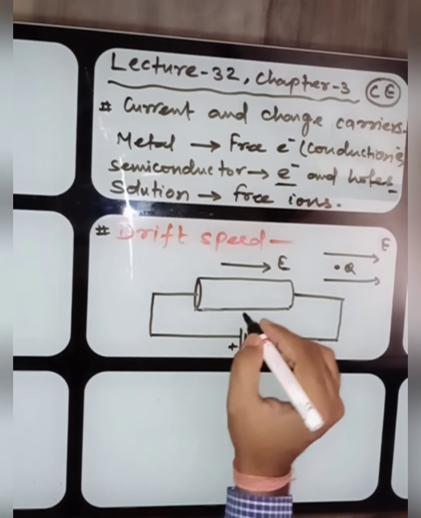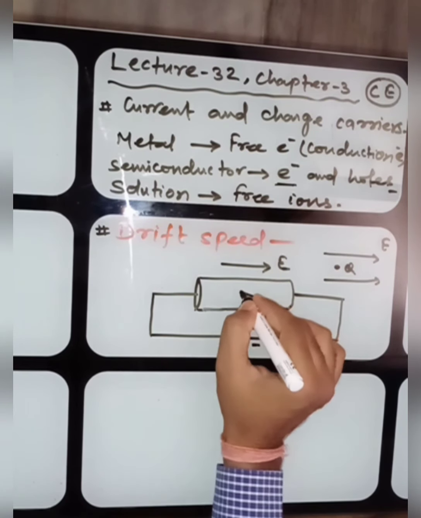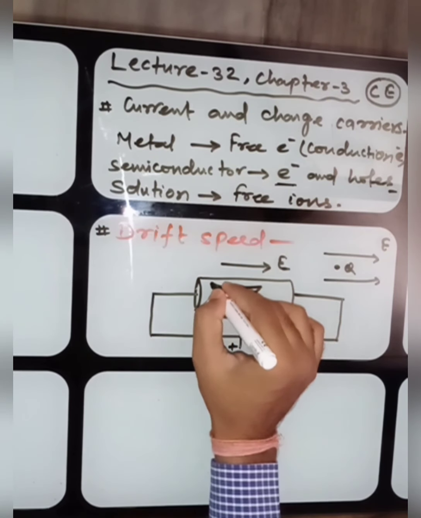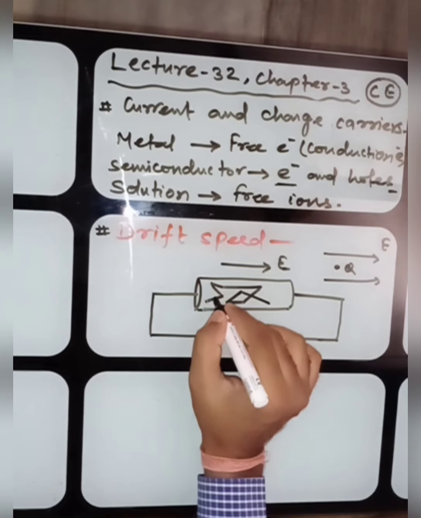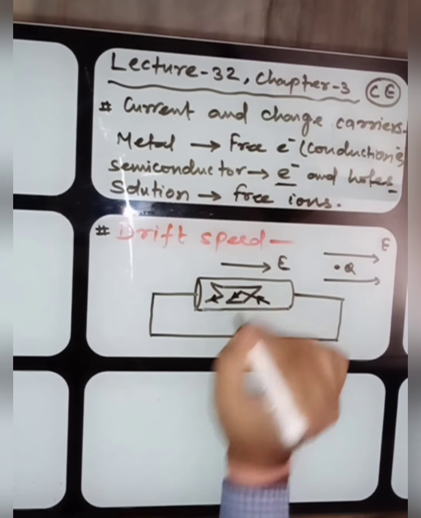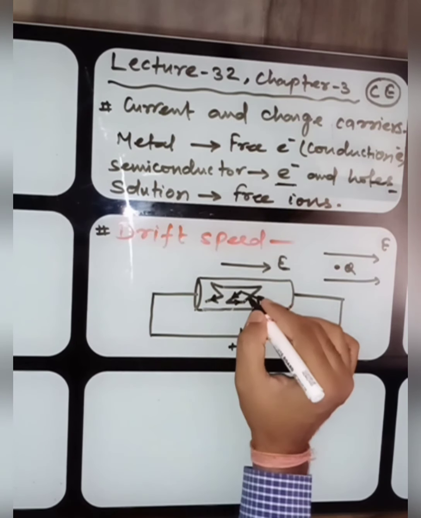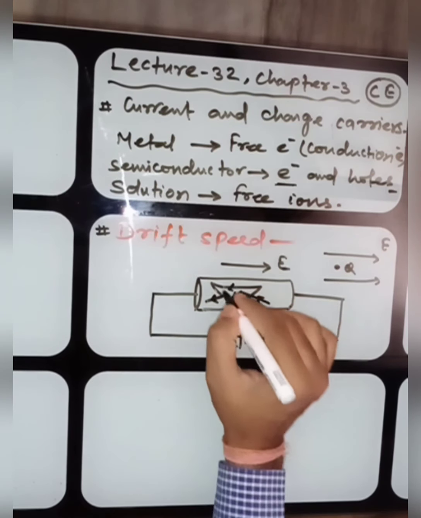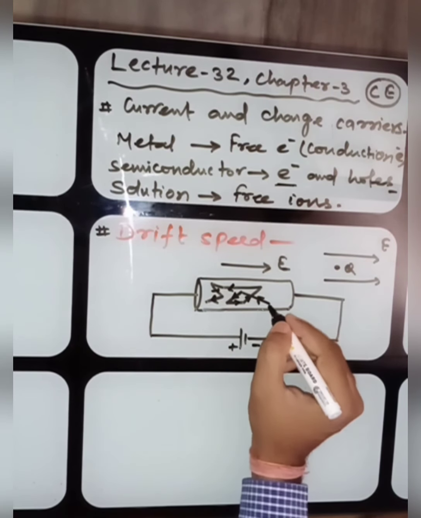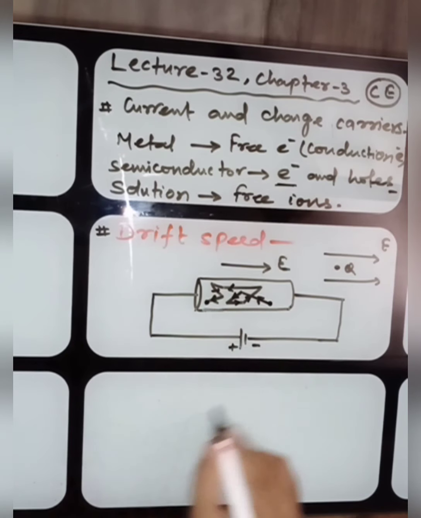You can see this electron start moving in this direction, but due to collision it moves in this direction. Due to heavy collision it moves randomly in different directions. And finally, after a number of collisions, it drifts from this point to this point.